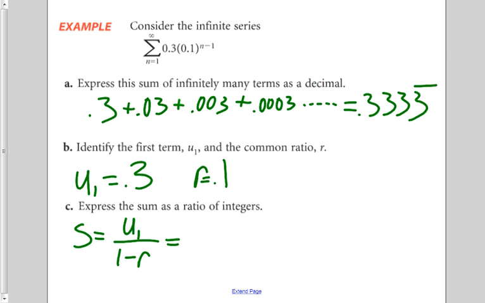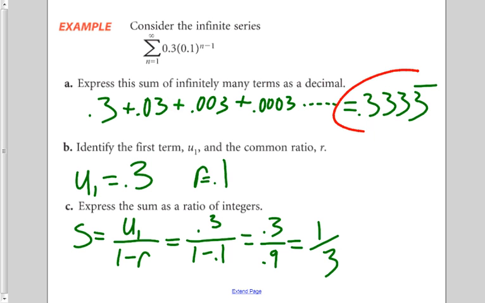So if I plug in u1, that's 0.3 divided by 1 minus 0.1. 0.3 over 0.9, which just equals 1/3. And if I look back to part A at my answer, I'd see 0.3333 repeating. Well, I know that as a fraction is 1/3. So I would say that the sum as a ratio of integers is 1/3.